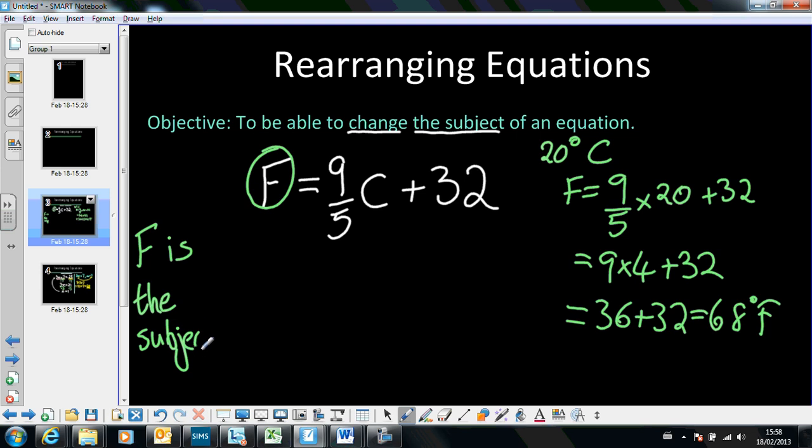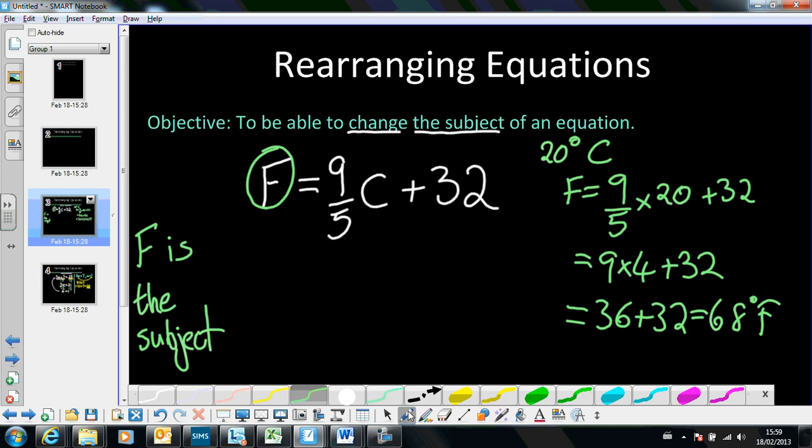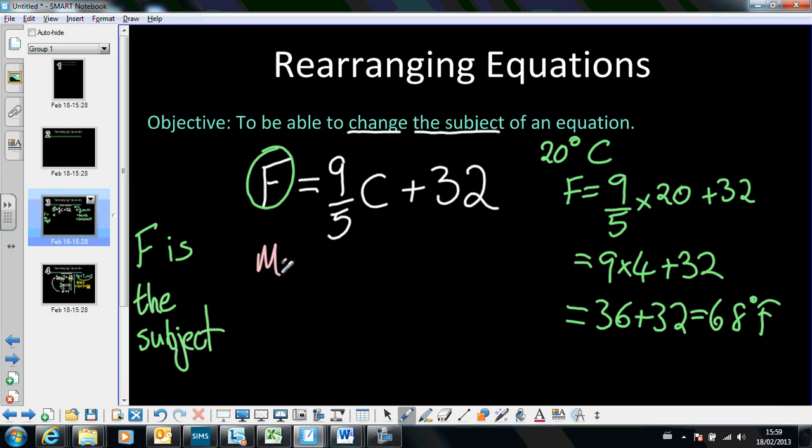And we're going to rearrange the formula so that C is the subject. So make C the subject, so that instead of a formula for turning centigrade into Fahrenheit, I'll have a formula for doing the opposite, for going from Fahrenheit into centigrade.